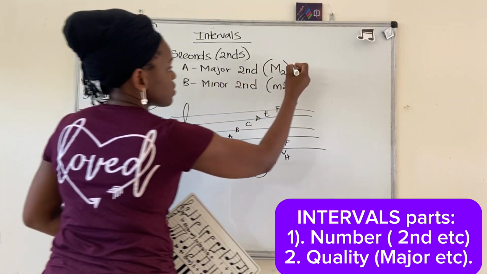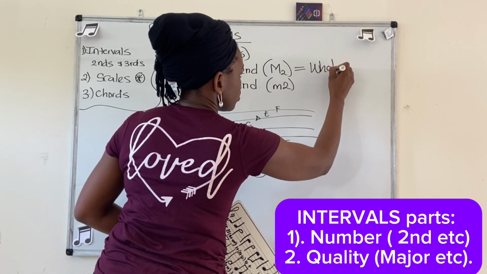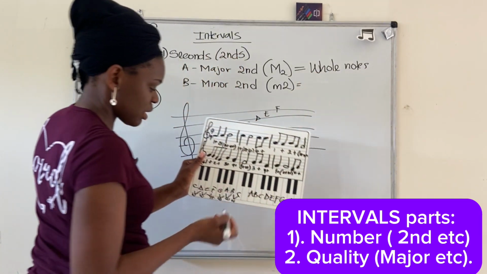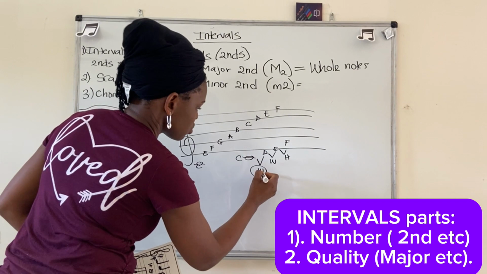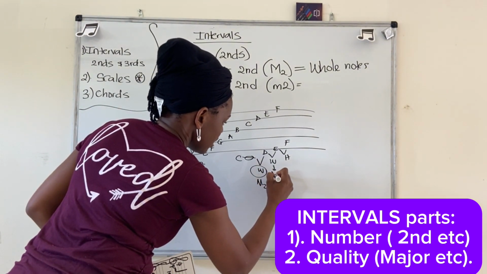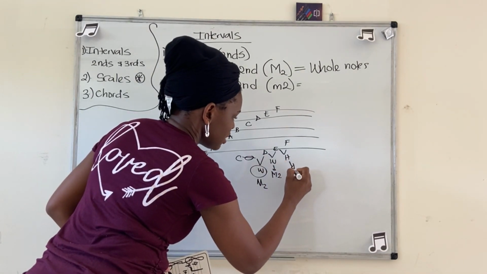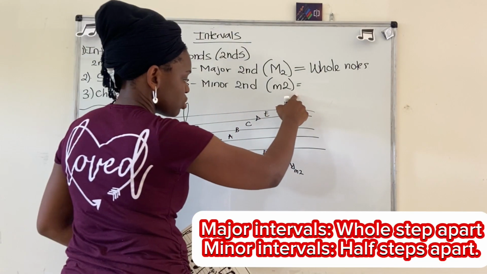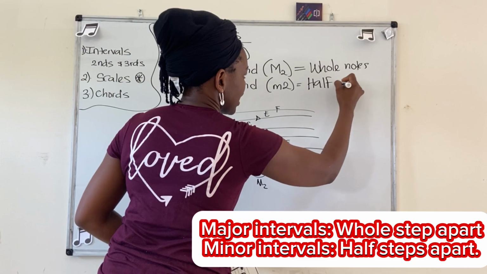So major seconds mainly have whole steps, while minor seconds have half steps. So in this case, this whole step 2 will be major 2, while this half step will be minor 2. So a minor 2 is two notes that are a half step apart.